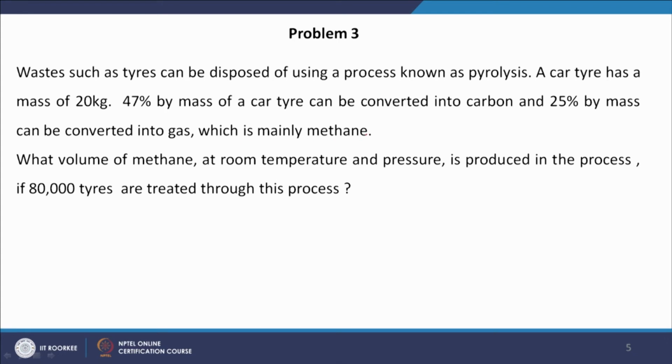What volume of methane at room temperature and pressure is produced if 80,000 tires are treated through this process? This is a problem statement of a pyrolysis process. Waste tire is converted to different pyrolysis products, and it is assumed that the gas produced is only methane to make the calculation simpler.